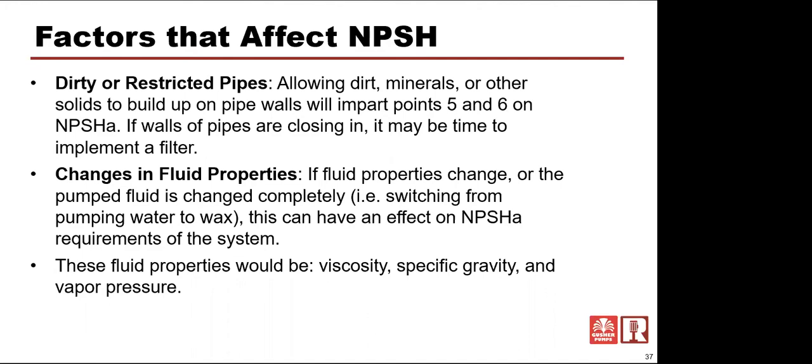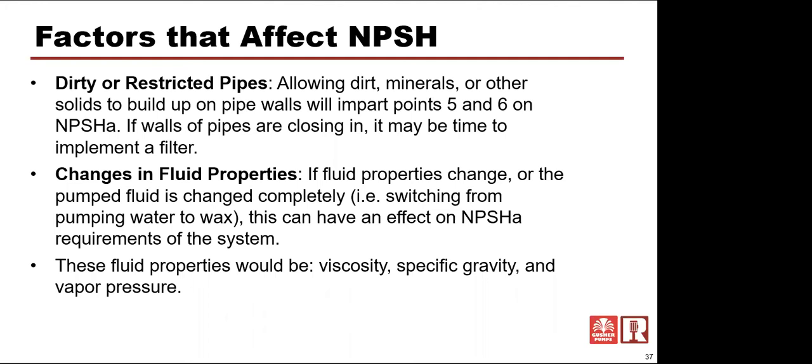If you have a dirty pipe coming into this thing, it's scaled, it's got a lot of mineral deposits or whatever buildup in it, you can no longer necessarily trust a friction loss chart. You may have a suction strainer, and this can be a huge problem on pumps. You may have a suction strainer trying to keep big solids from coming into this pump on the suction side, but guess what?